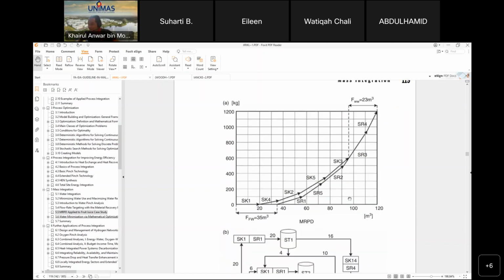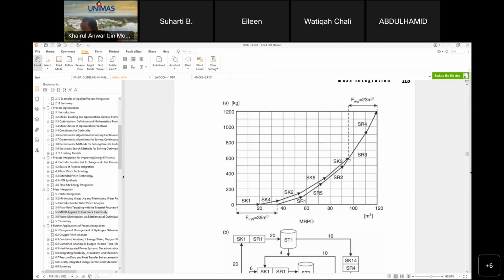So from here, this is the second method, the sink source composite curve, where you plot sink first and source, then you shift the source until it overlaps with the sink.